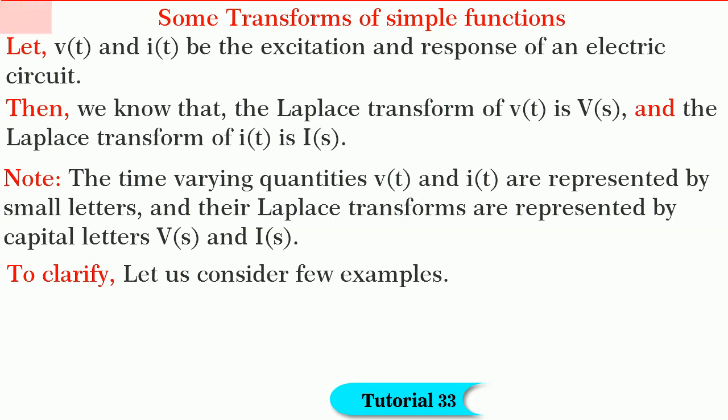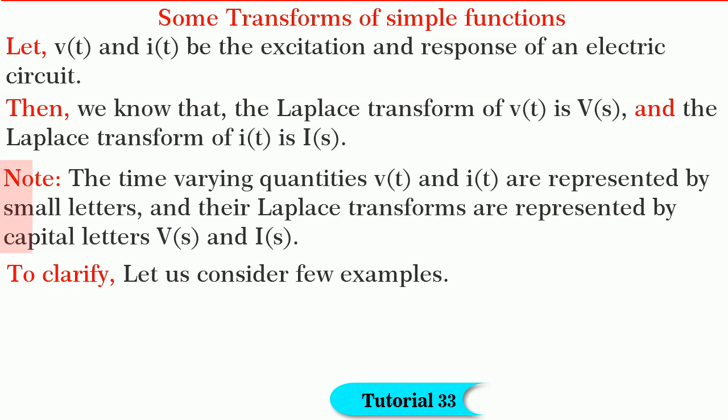Now, we shall find some of the transforms of some simple functions of t. Let phi of t and I of t be the excitation and the response of an electrical circuit. Then we know the Laplace transform of phi of t is capital V of s and the Laplace transform of I of t is capital I of s.